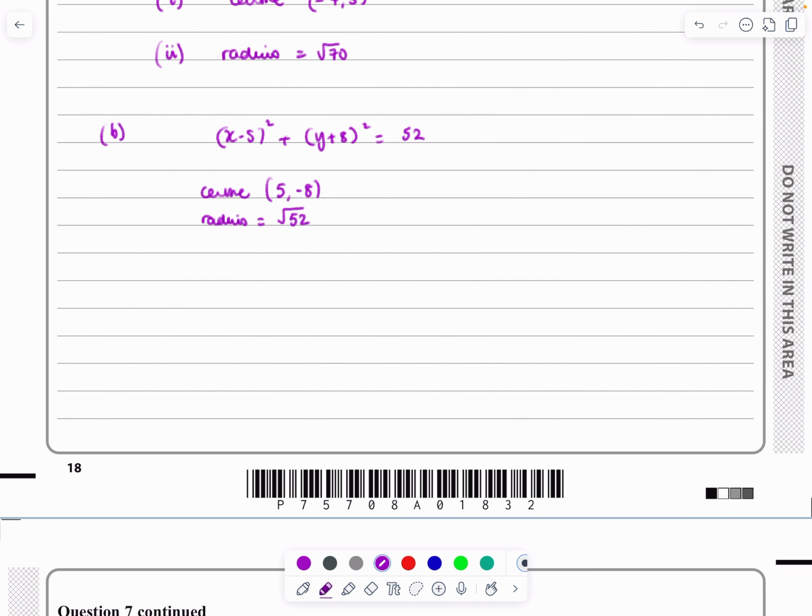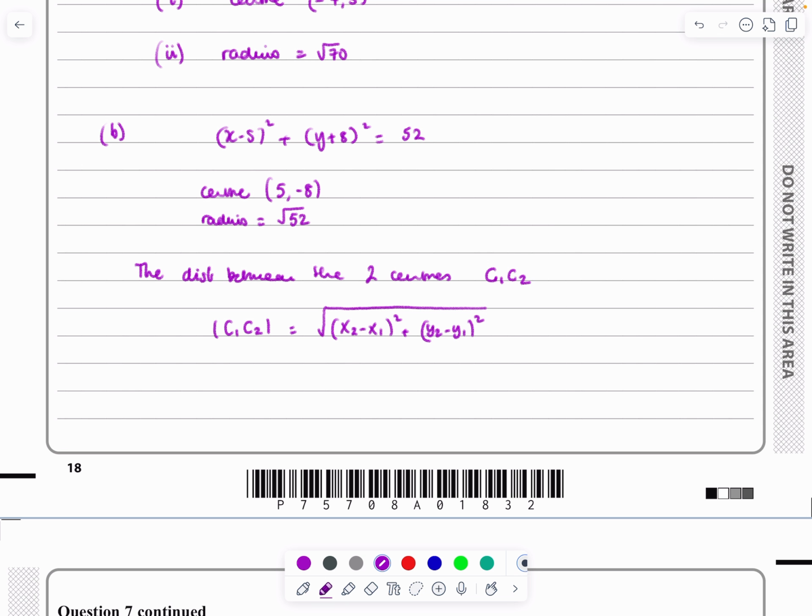So part B, I'm just going to make it clear to the examiner what I'm doing here. The distance between the two centres, C1, C2. And then how do I work that out? Well, that's just distance between 2 points, isn't it? C1, C2 is going to be equal to the square root of, I'm using this formula, x2 minus x1 squared plus y2 minus y1 squared.